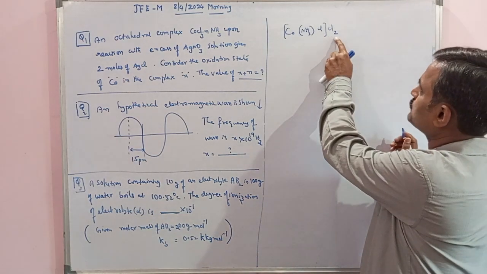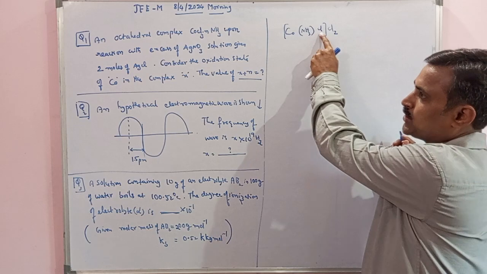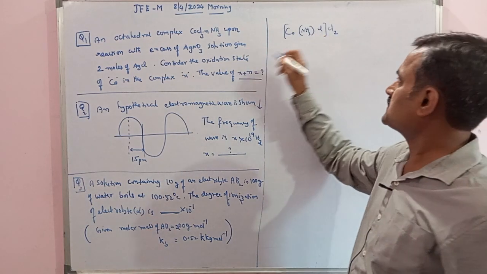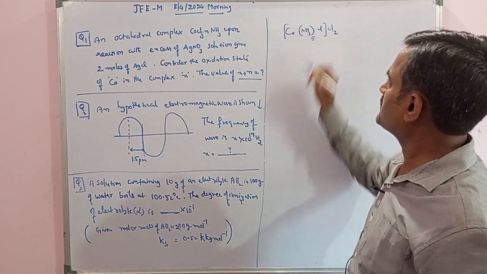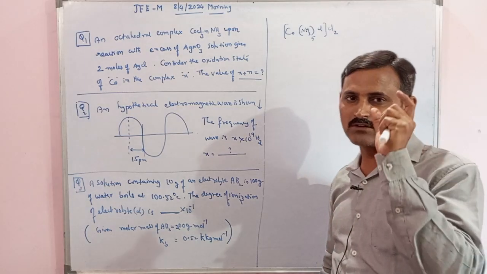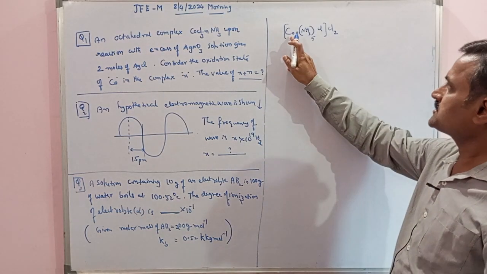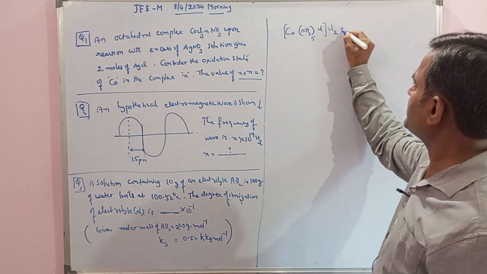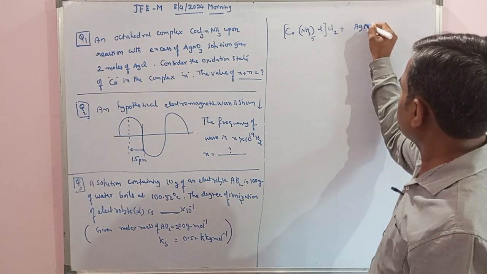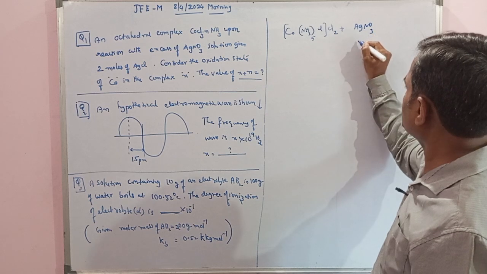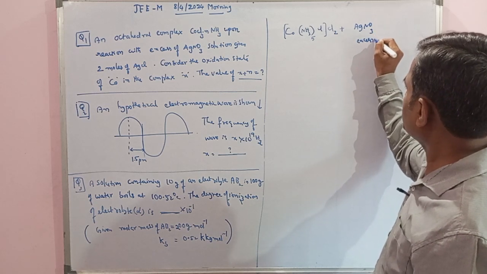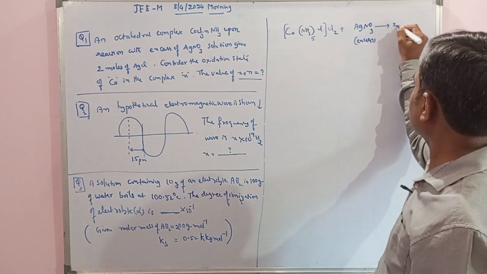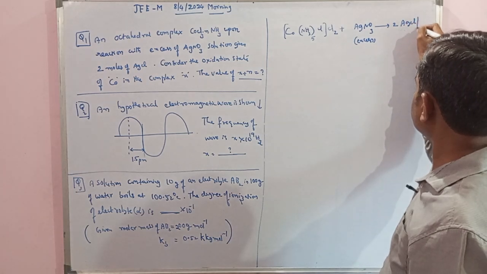So 2 are present outside, 1 is present inside, which means to make it an octahedral complex, the number of ammonia ligands is 5. That means [Co(NH3)5Cl]Cl2 is treated with excess of AgNO3, giving 2 moles of AgCl.